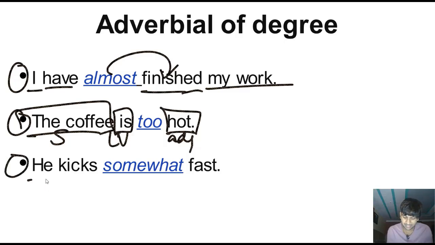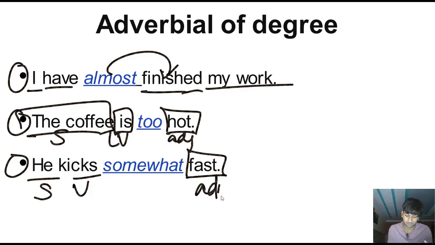Third example: he kicks fast. He, subject; kicks, verb; fast, another adverb. He kicks how? Fast. Adverbial of manner. He kicks somewhat fast, right? So it's not just fast, it is somewhat fast.